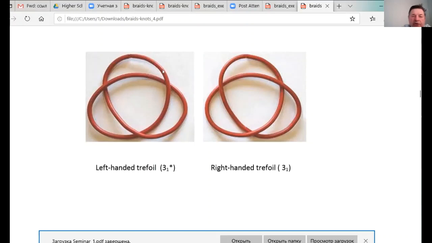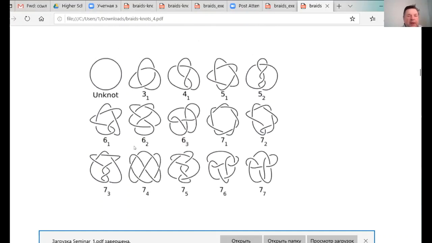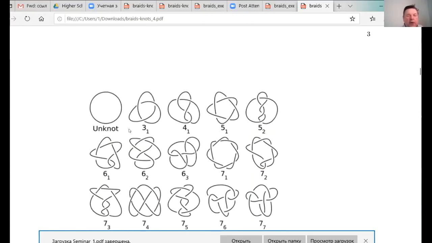And you change overcrossing to undercrossing at every point. This means that you got the mirror image of your knot. Very good. So they are different, but traditionally in the knot tables you have only one.